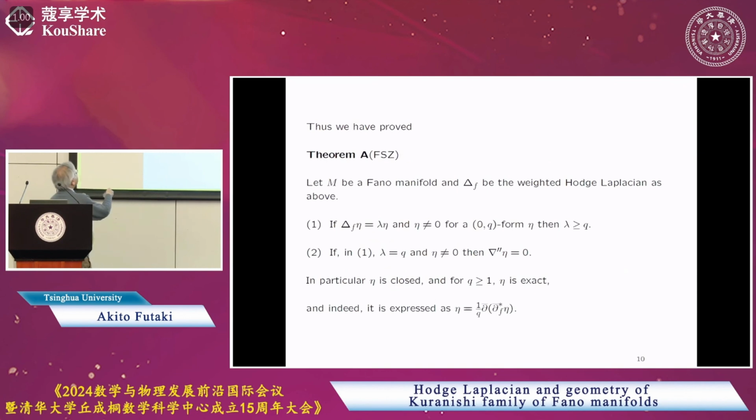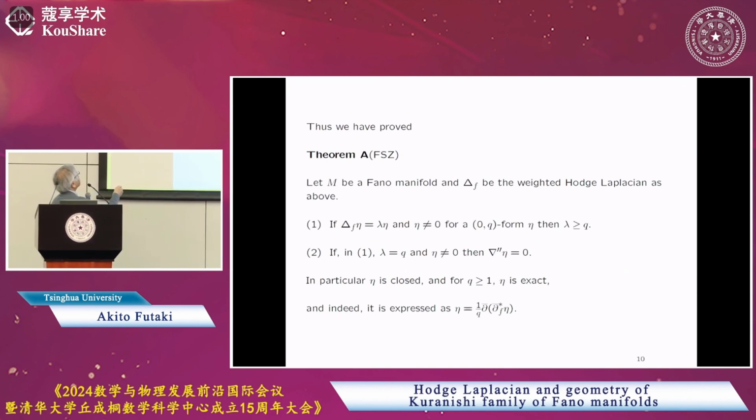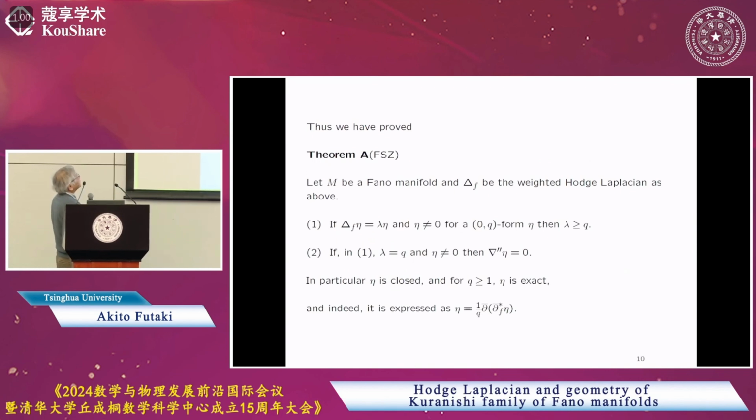as a conclusion, we get this result with Sun and Jiang that if the Laplacian of f is the weighted Hodge Laplacian, it means the measure has weight exponential f, then the eigenvalue is bigger than or equal to q, for non-zero eigenform, of course.